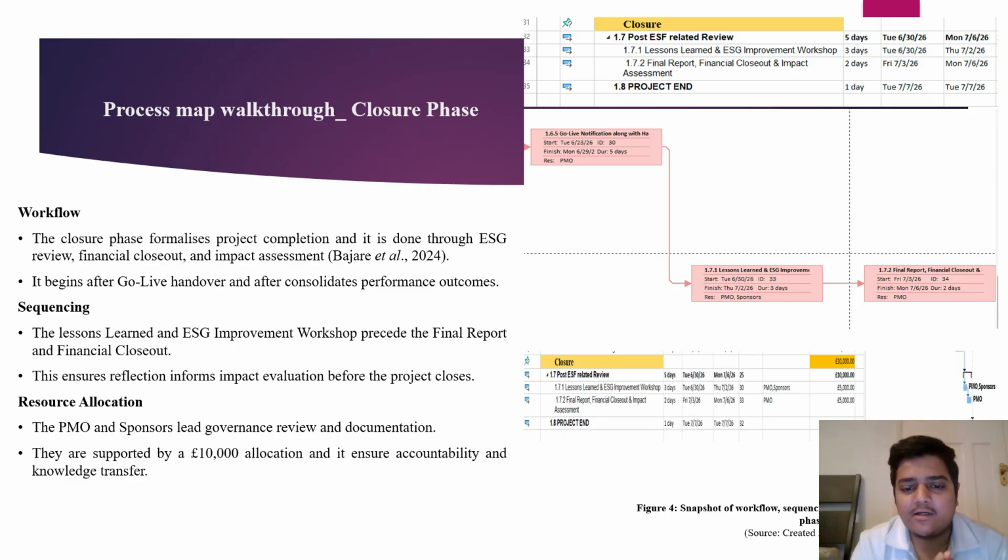The sequence ensures reporting to the PMO and handover, and that accountability is maintained. We can see that the closure stage is simple and supports life cycle assurance. We also capture knowledge for future sustainable projects.